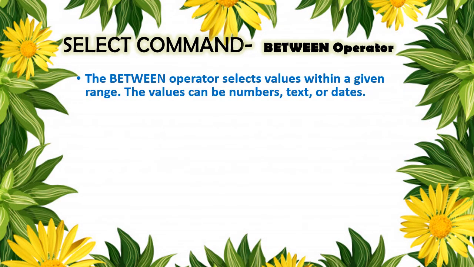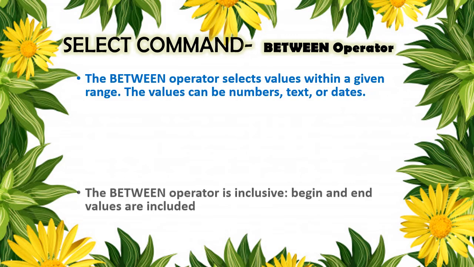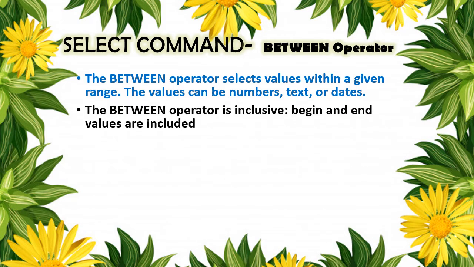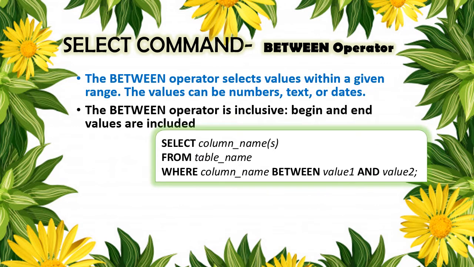Next, the between operator is used to select the values within a given range. It may be numbers, text, or dates. The begin and end values must be given. So: select column name from table name where column name between first value and last value.